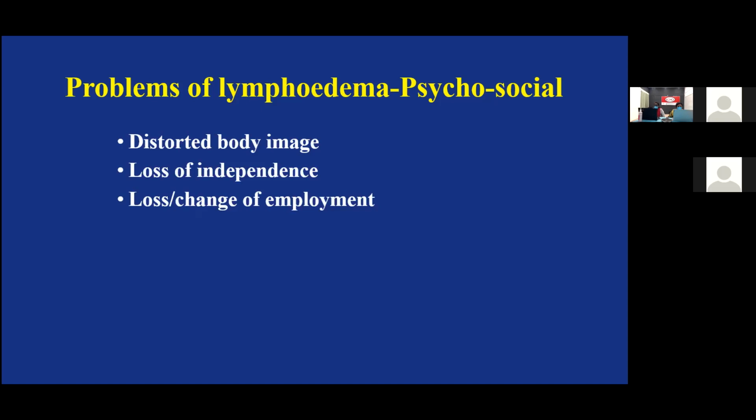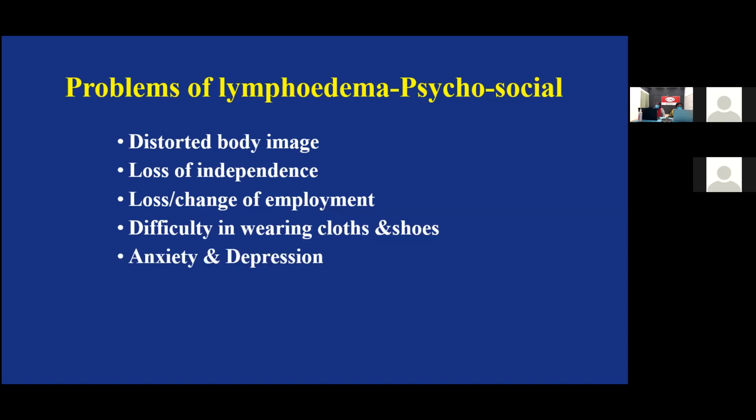This will affect them emotionally. There is also difficulty in wearing clothes or shoes. If they want to wear ready-made clothes, they are not able to wear them, and especially shoes. In lower leg lymphedema patients, they are not able to wear normal shoes. That will affect the person emotionally and socially.